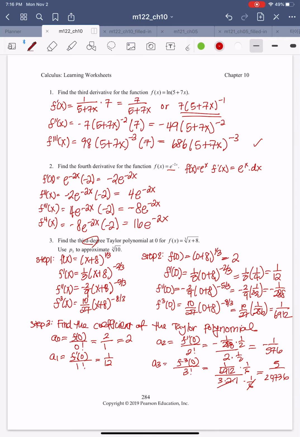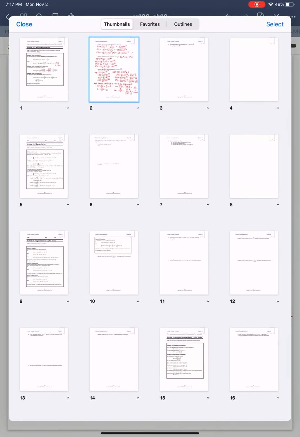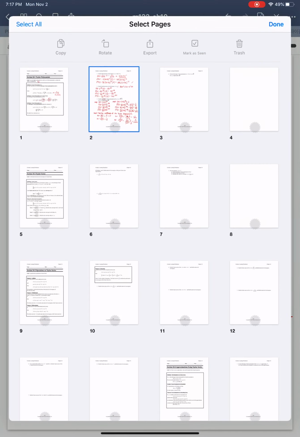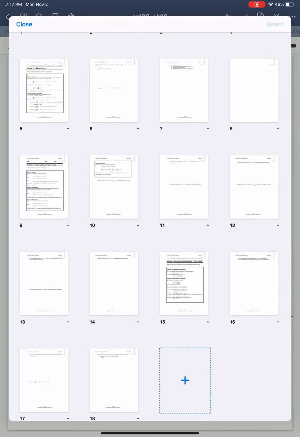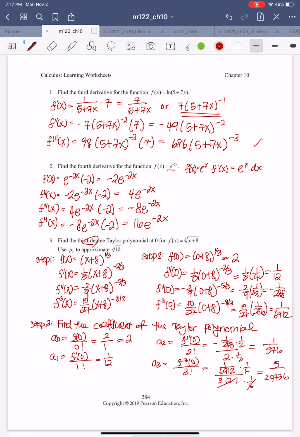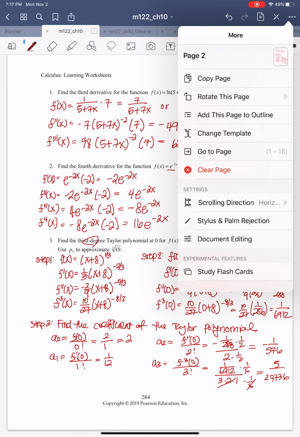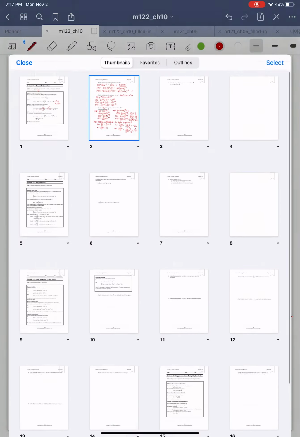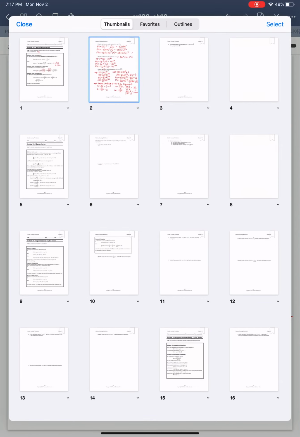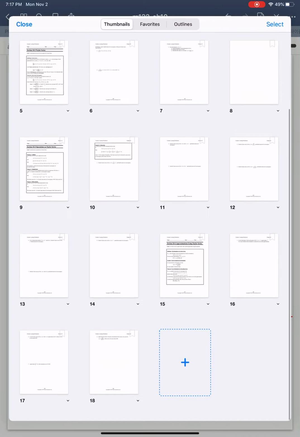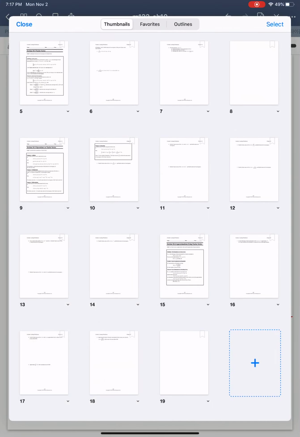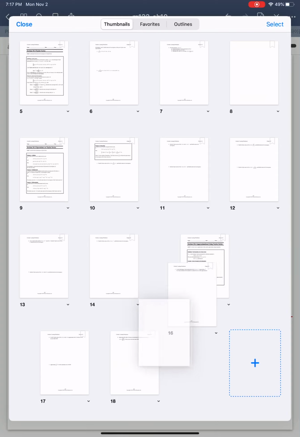So what does my Taylor polynomial look like? I'm going to add a page. Let's add a blank page.